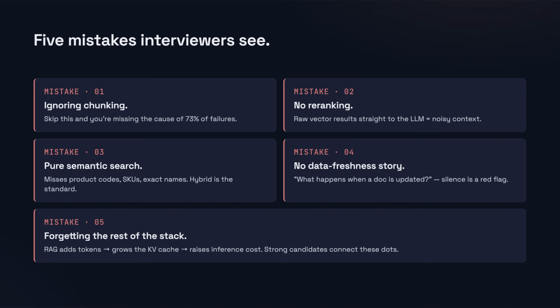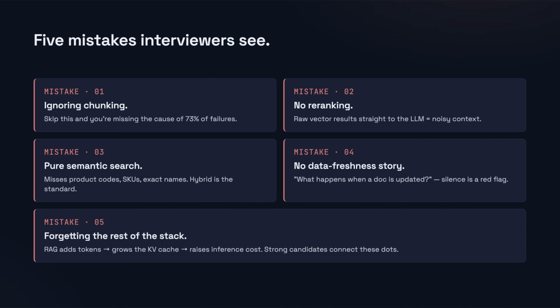Common mistakes interviewers see include, number 1, ignoring chunking entirely. If you do not discuss how documents get broken up, you are missing the component that caused 73% of failures. Second, skipping re-ranking. Going from raw vector search results straight to the LLM means you are feeding potentially low quality results into your prompt.